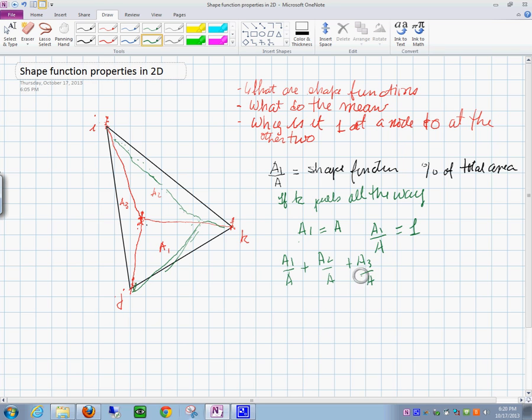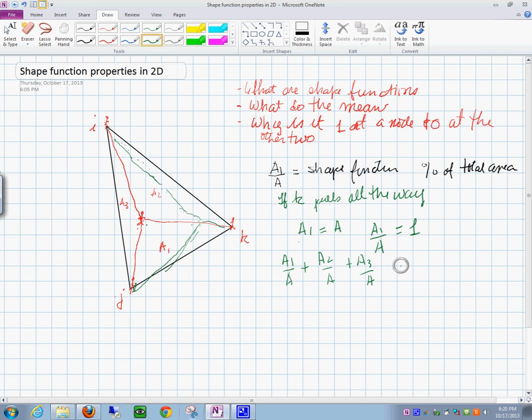This is saying that this is the total. So A1 over A is a percentage of this, and these would add up to 100%.